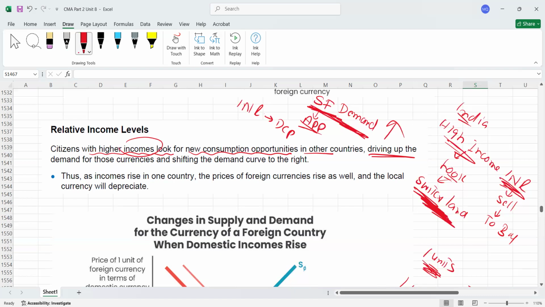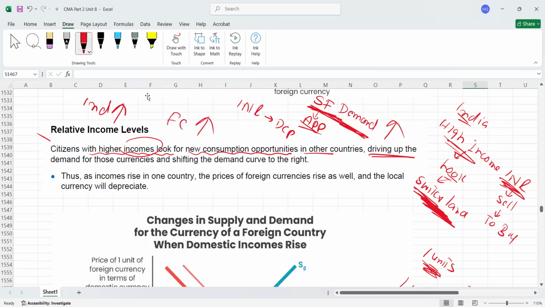They want to explore another country, for example Singapore. So it means they want Singapore currency now, because they want to go there to explore Singapore, right? So Singapore currency will be in demand and will get stronger. This is what I told you, right? See, income in India has increased, but the foreign currency has appreciated, like the Singapore dollar. So this is what you have to remember.